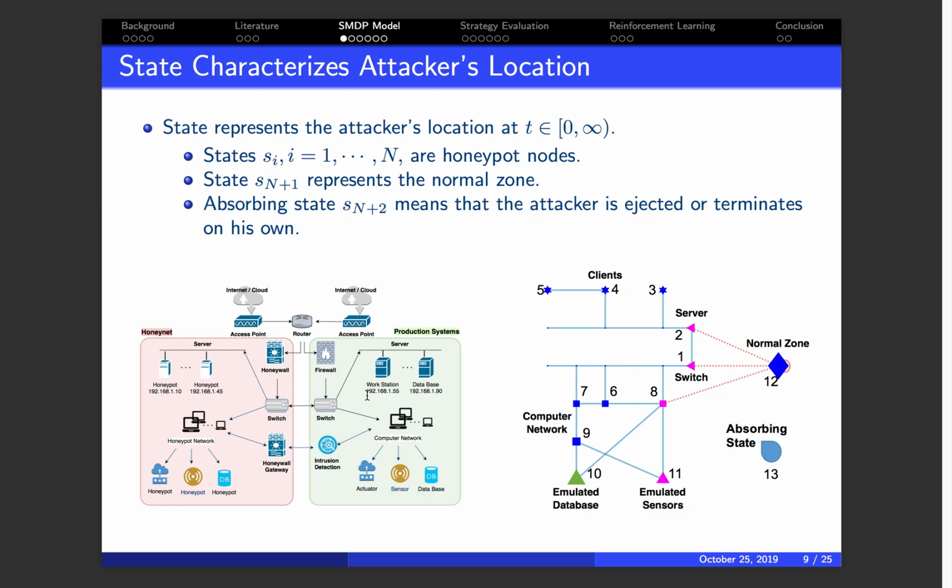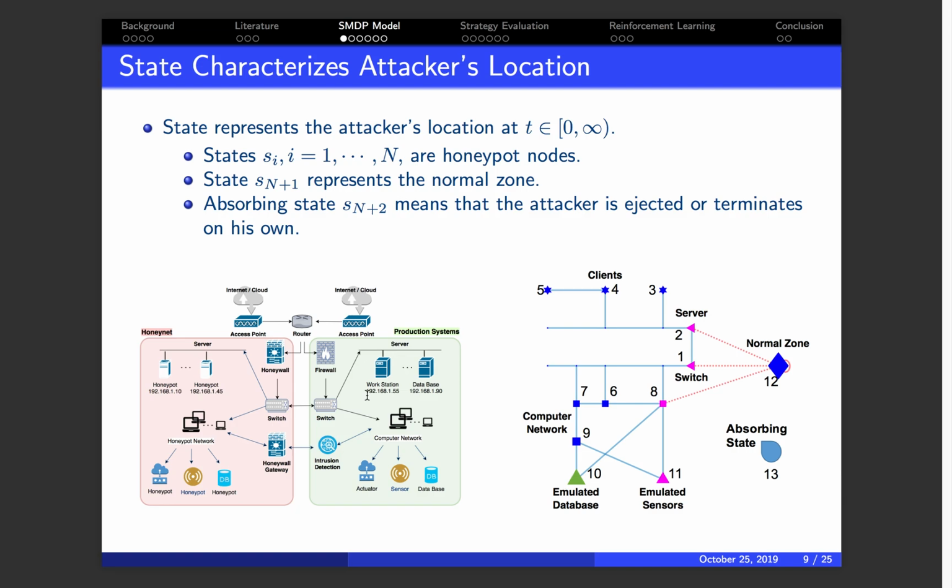For the SMDP model, first we have a state to represent the attacker's location at continuous time. On the left-hand side, we have a honeynet to emulate the topology of the real protection system. On the right, the state S_{n+1} represents the normal zone.